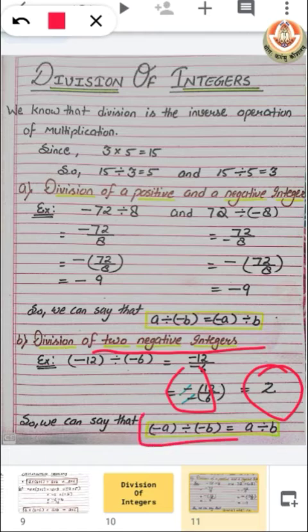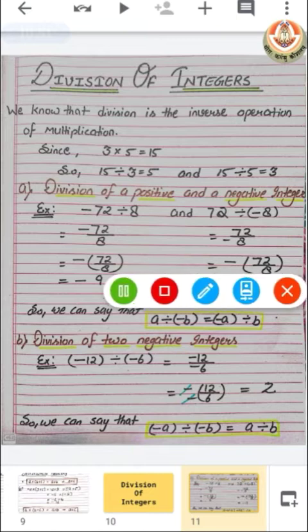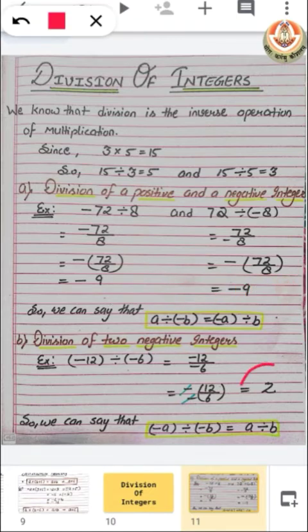Again, this is our final conclusion that minus a divided by minus b gives a divided by b as answer. In other words, when we divide two negative integers, we get a positive integer as answer.